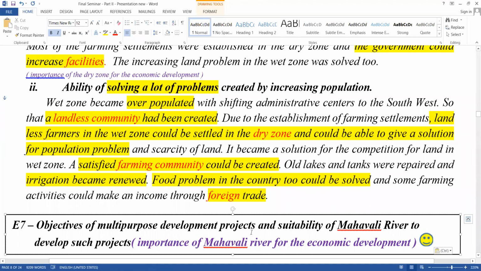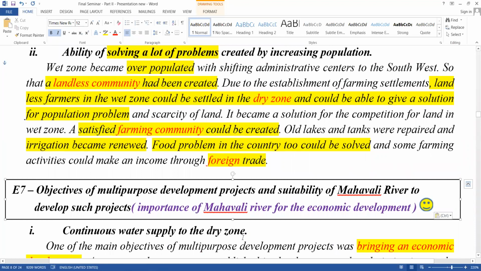So, what is the importance here? Continuous water supply to the dry zone. Why? The Mahaweli River had been dammed at different places and that water had been taken to some reservoirs to distribute in the dry zone. The Mahaweli River was flowing to the ocean without any use of that water. So what did the governments do?